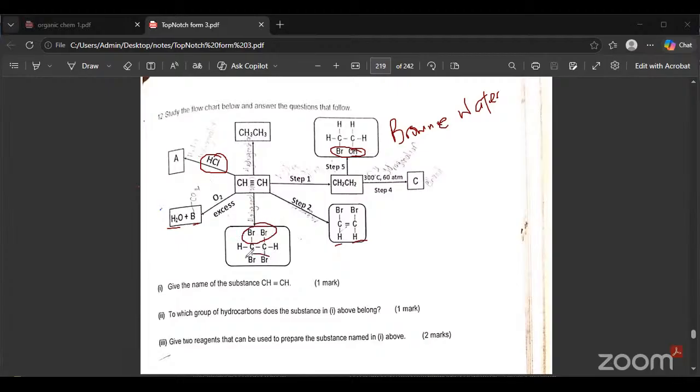This one actually is very common in the practical sessions, but they will not ask you to write this, they will tell you to give the observation.